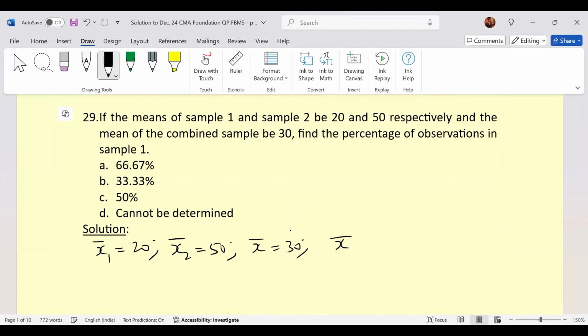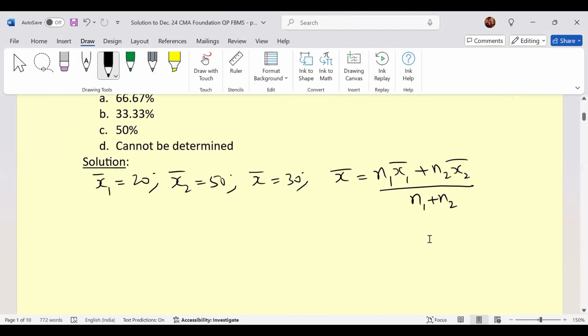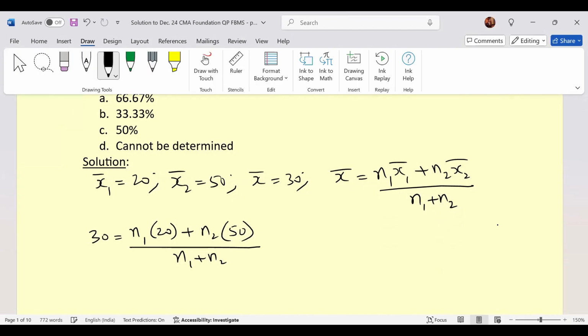We have the formula x bar is n1 x1 bar plus n2 x2 bar divided by n1 plus n2. So we can substitute now. 30 is equal to n1 into 20 plus n2 into 50 divided by n1 plus n2.